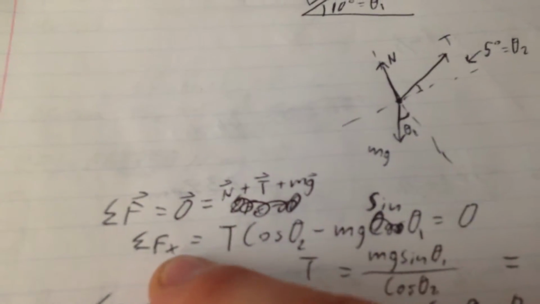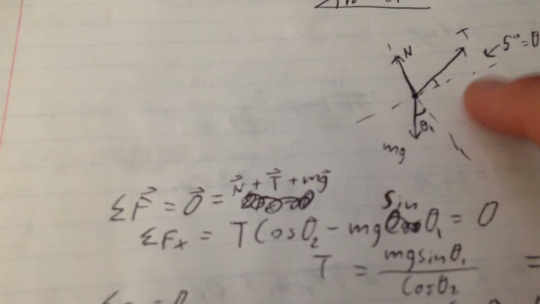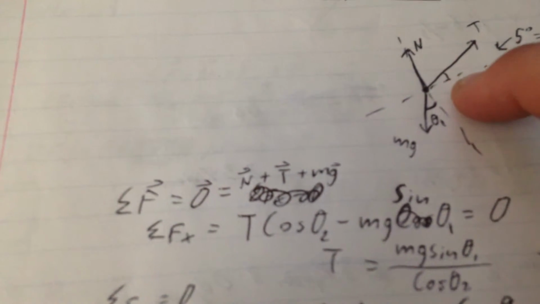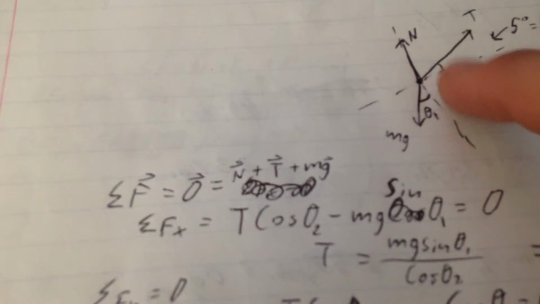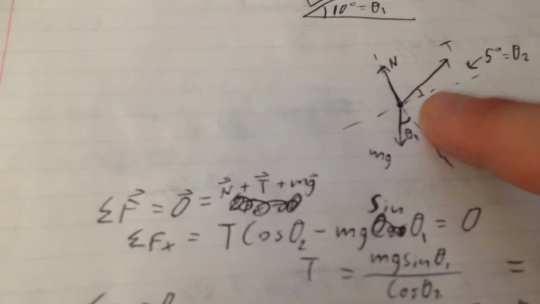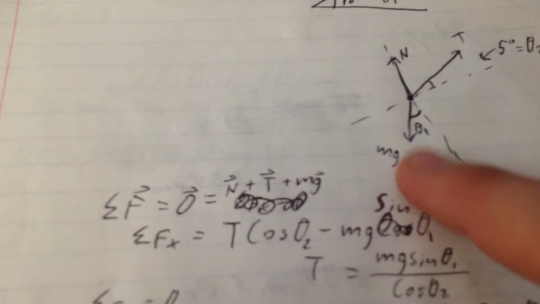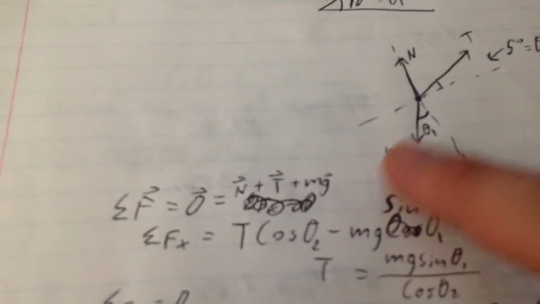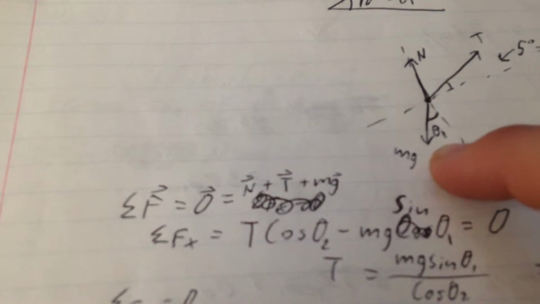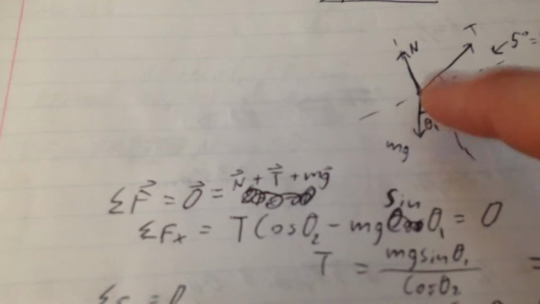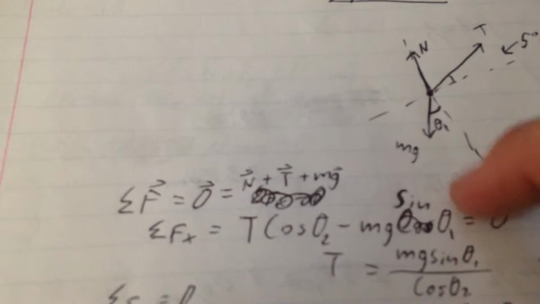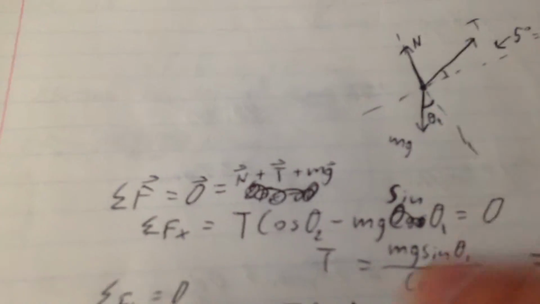And your sum of the forces in the x direction is your tension times the cosine, because it's adjacent over the hypotenuse, and your theta 2, this is the angle of your tension, and then minus your mass times gravity, because it's going down, sine of theta 1. Sine because it's opposite, which is your x. This vector right there. And that's equal to 0.